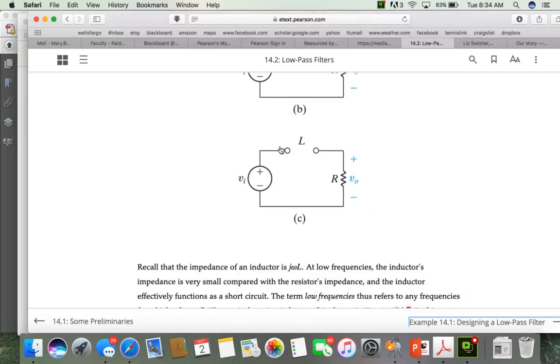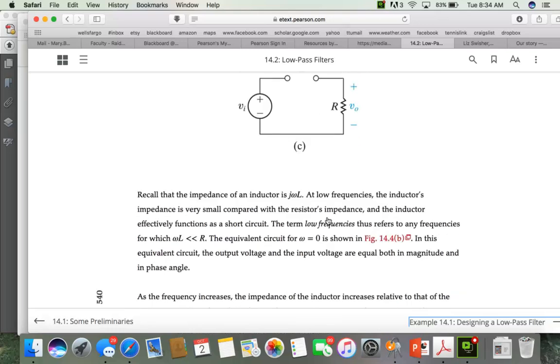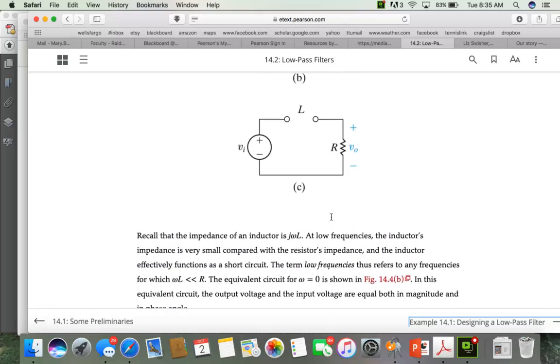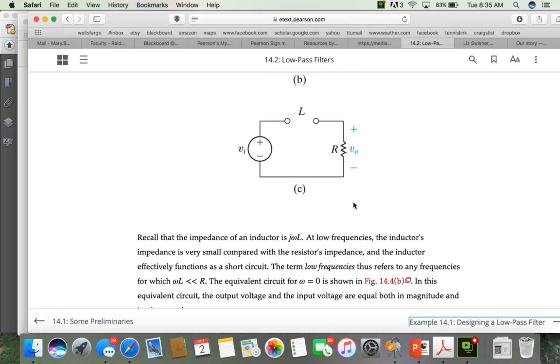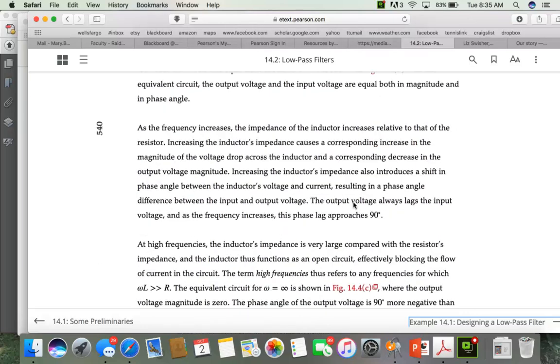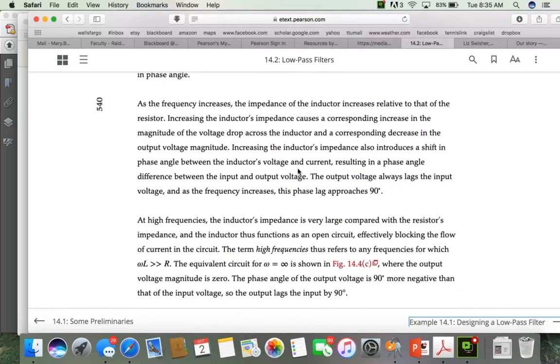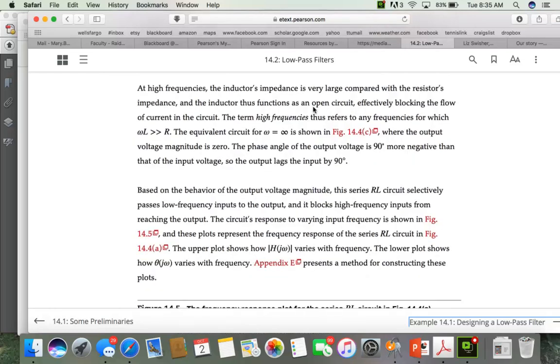When we have very high frequencies, the inductor, or j omega L, looks like an open, and we would expect the voltage to drop across the inductor, with the voltage across the resistor then going to zero because there's no current. So that's explained here in the text: as the frequency increases, the impedance of the inductor increases relative to the resistor, and so you would expect to see your voltage drop more across the inductor.